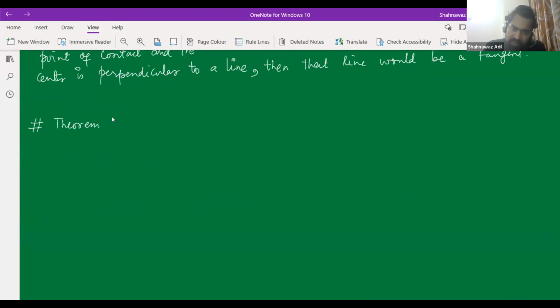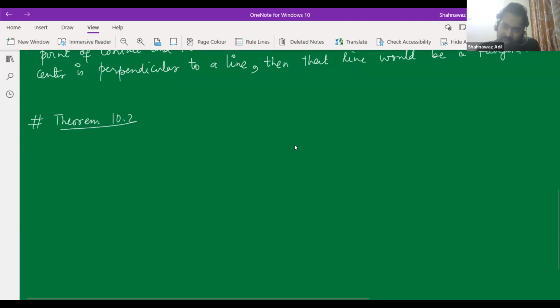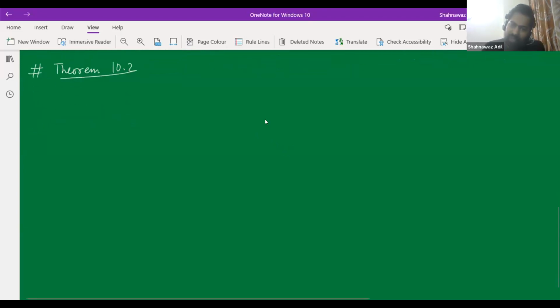And before we discuss this theorem 10.2, let's discuss how many tangents we can have if we choose points. So let's say we have this circle and we choose a point. There can be three scenarios.